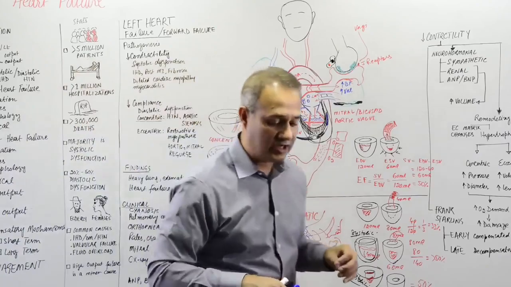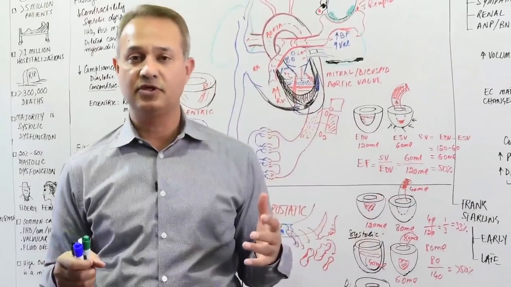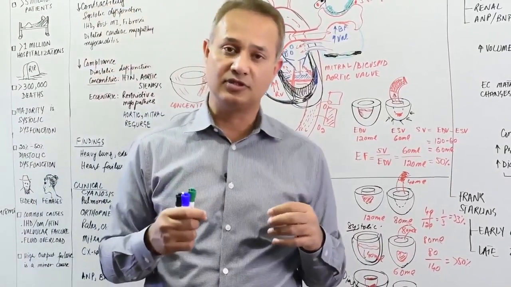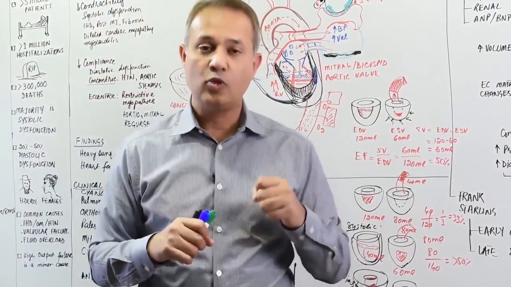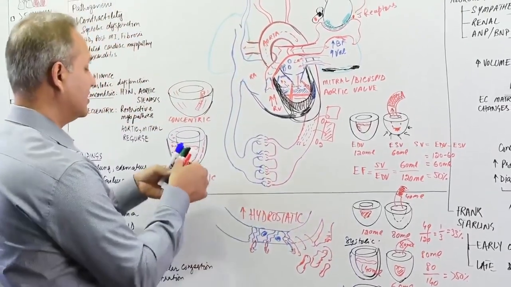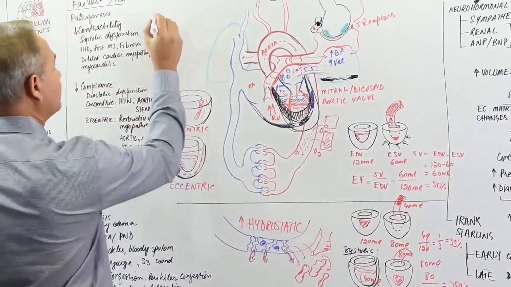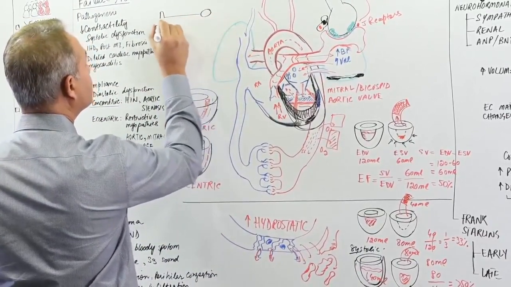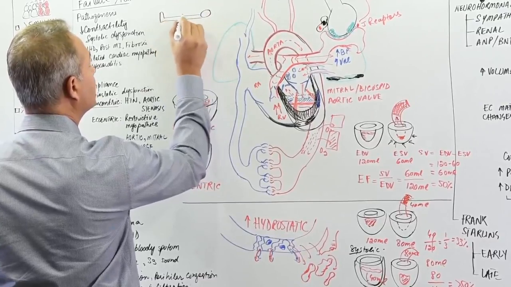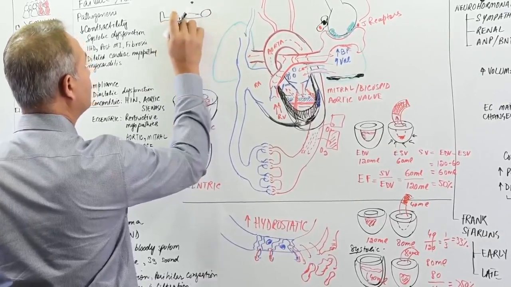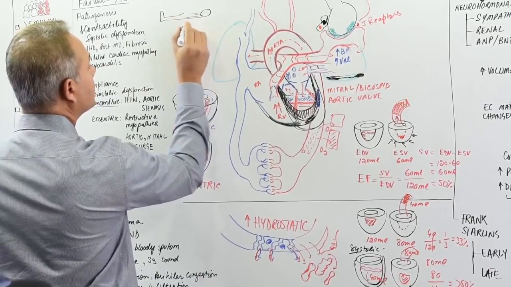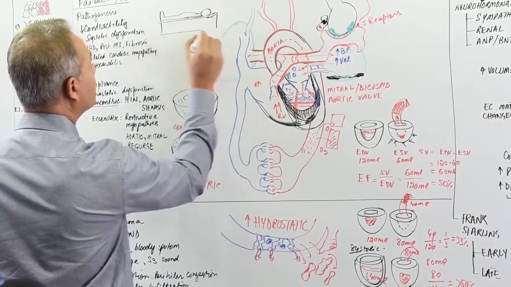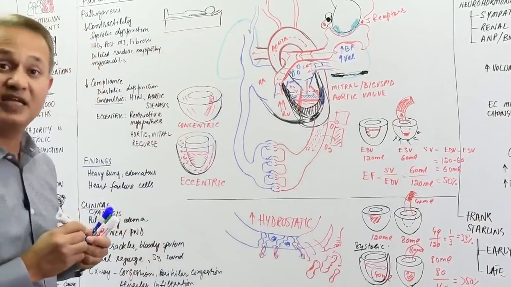Orthopnea and PND, this is really important to understand. So orthopnea is very simple. When the patient lies down, the patient becomes breathless. Now what is the reason for that? If I make a lying down patient here, this is a patient who is lying down. Why does this patient now get the breathlessness?